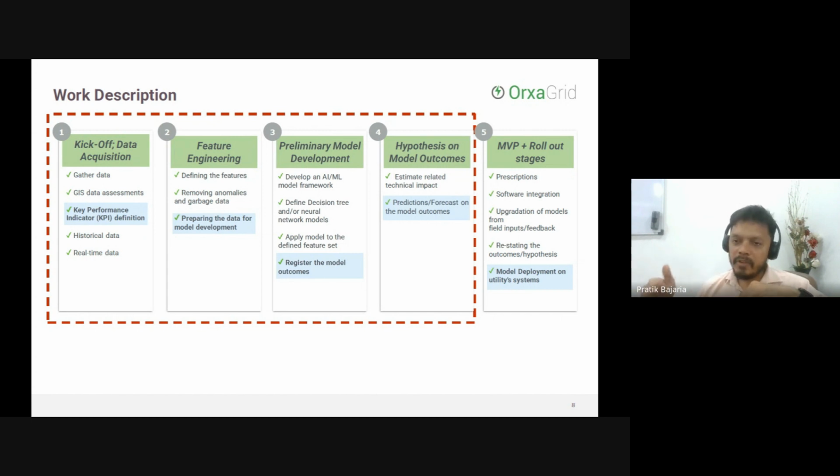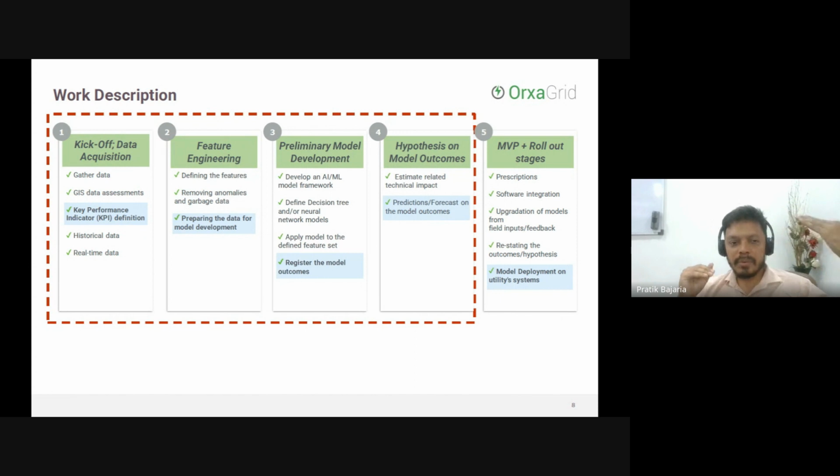In the MVP stage, we try to convert that particular model and the hypothesis which we have given to you, along with the feedback which the utilities give, into a set of prescriptions and integrate it into the software which we have, in order to make sure that the customer enjoys all the utilities given in the software, which has its own set of benefits when it comes to optimization in energy and power.